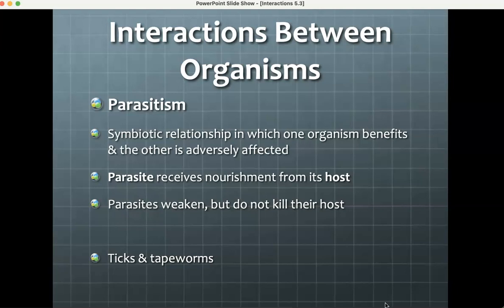It's not in your best interest to kill the organism, because oftentimes these parasites have mobility issues. They have to get into you in a very particular way, so on and so forth. Ticks are a great example of that. Horrible example of that. Tapeworms, another not so lovely thing to think about.